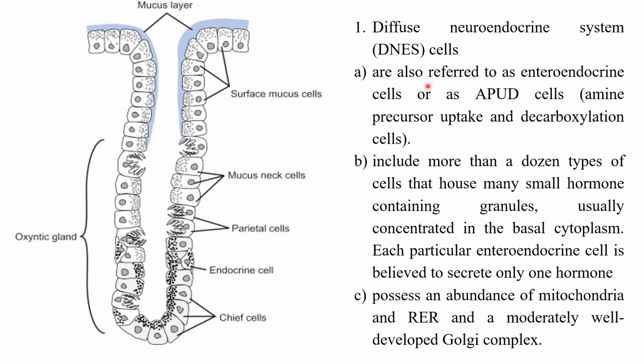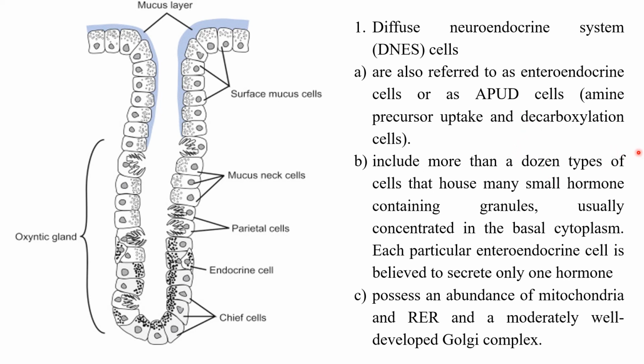These cells are called diffuse neuroendocrine cells, or simply the neuroendocrine system. And these cells are responsible for synthesis of many hormones. These cells are also referred to as enteroendocrine cells or APUD cells. APUD cells means amine precursor uptake and decarboxylation cells. The nomenclature is given based on their function.